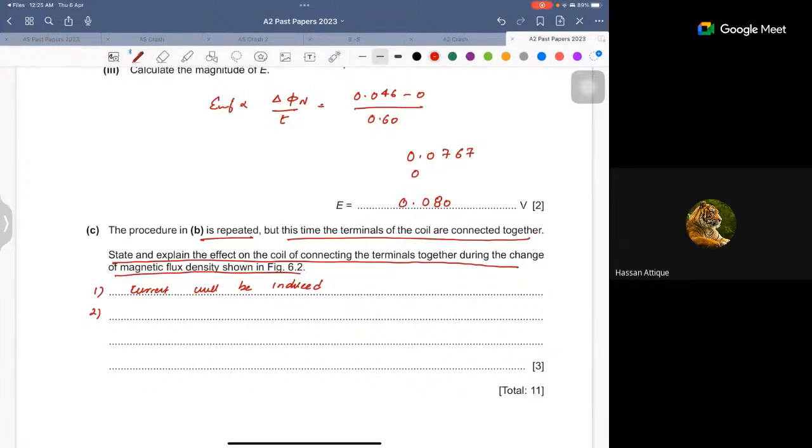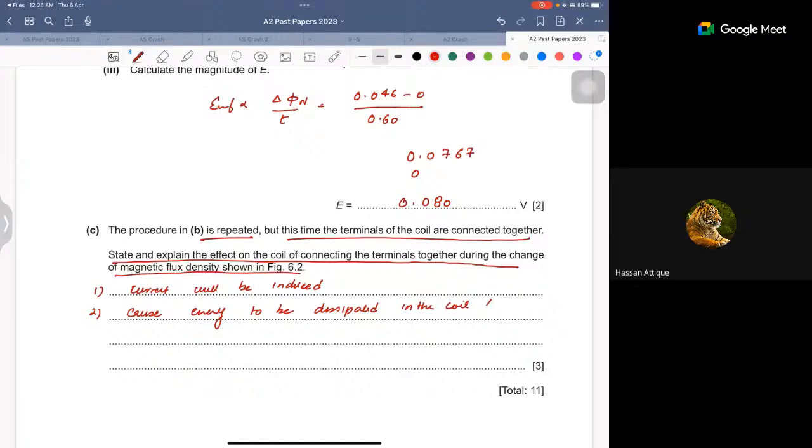The second point should be that it would cause energy to be dissipated in the coil. All right, what kind of energy in the coil?